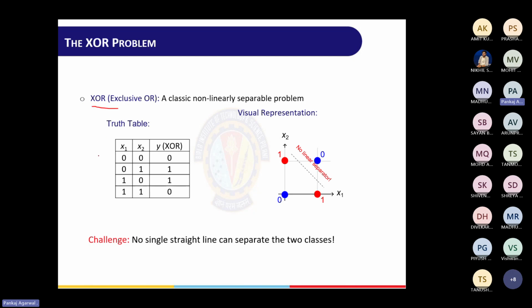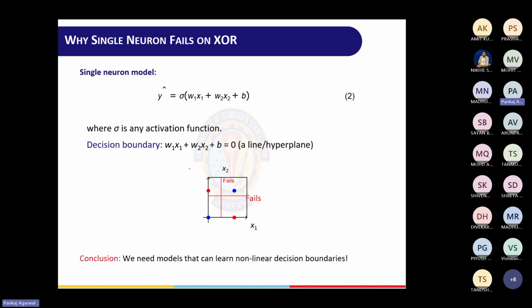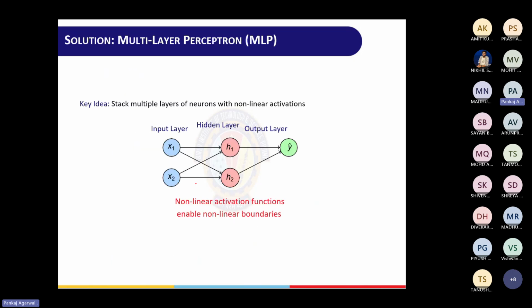We solved this XOR problem much earlier in our sessions, using multiple layers. I hope you remember that. So I'm not repeating this portion. We did it much earlier. Yes or no?